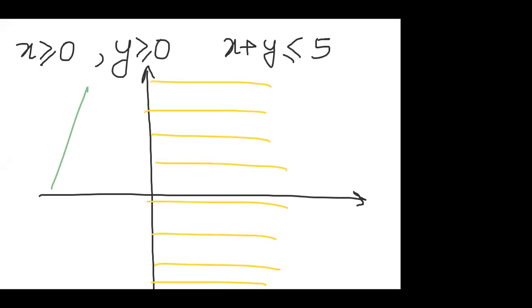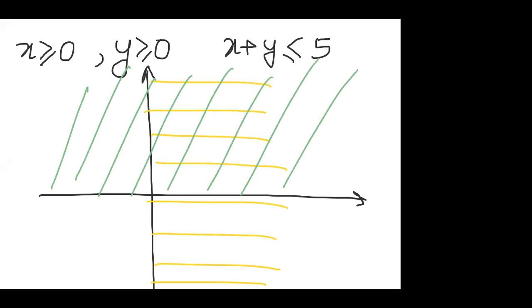This whole region is indicating Y greater than 0. Common region, I suppose you are able to see, X greater than 0 and Y greater than 0 common shaded region is only and only in the first quadrant.